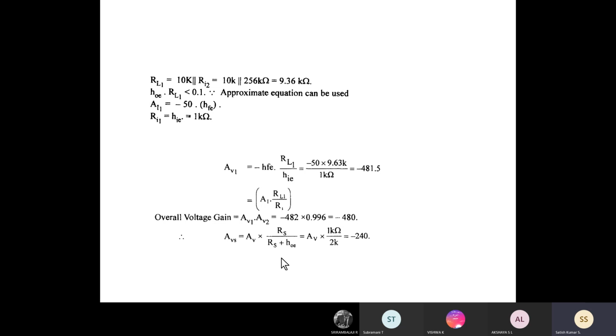H naught is the output, HR is the reverse characteristic, HF is the forward characteristic of an H parameter. Okay. So using these four values, we are going to find output voltage gain, voltage gain, current gain. And in some places they will ask to calculate Z0 and ZI, output impedance and input impedance.